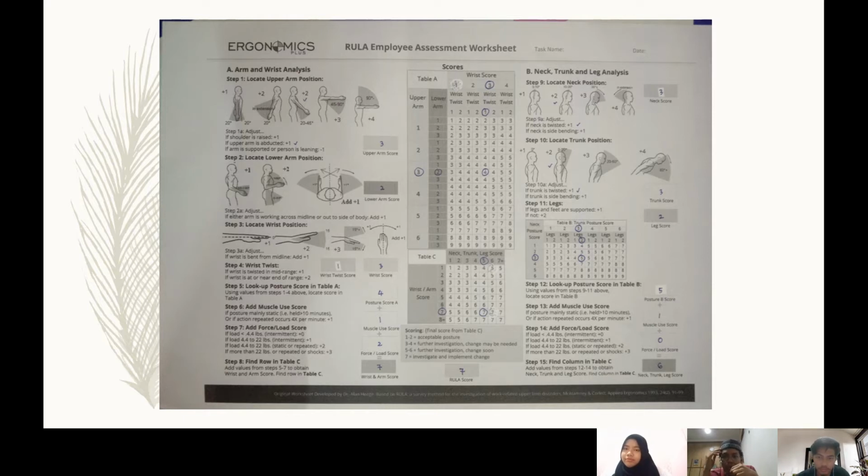From the degree, we can determine the score, multiply and add them together, and from that we can look at the table and refer to step 9 and step 10, and with that we can get the score of this RULER table.